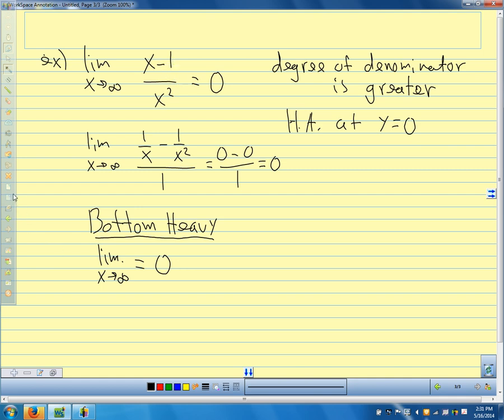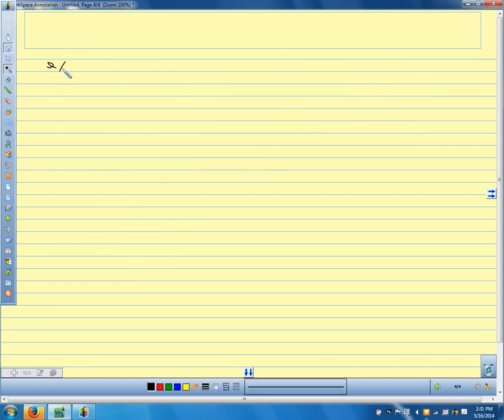All right, let's look at another example. Let's look at the limit as x approaches infinity of x cubed minus 1 over x squared.